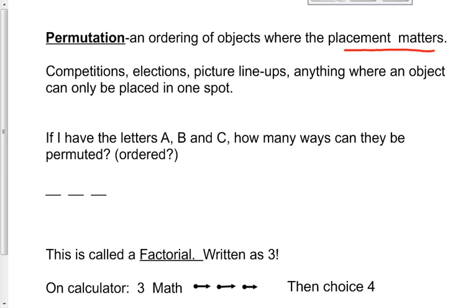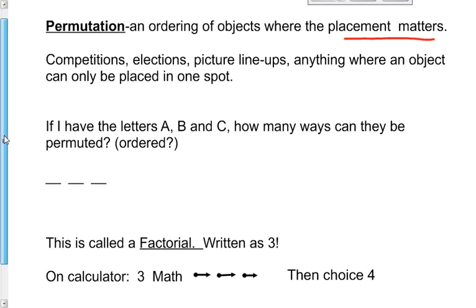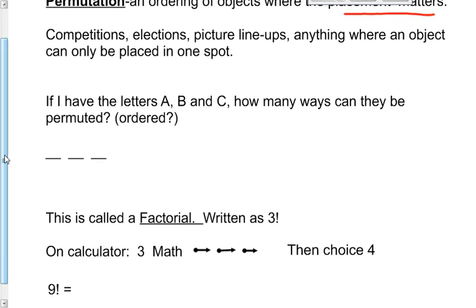In this particular sample, if I have the letters A, B, and C, how many ways can they be permuted? How many ways can they be ordered? Well, I know I've got 3 letters to pick from, so I have 3 choices in the first position. But once I use that first letter, I can't use it any longer, which means I now only have 2 choices after that.